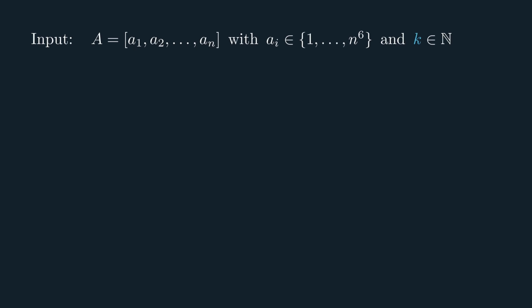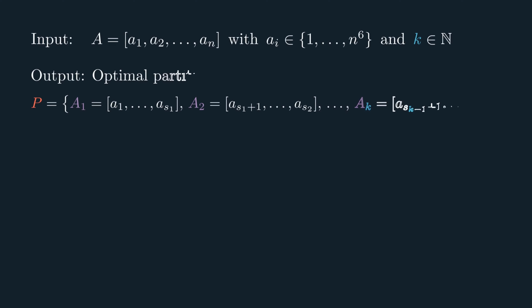These numbers represent the value of the individual gems, and this n to the 6 will play an important role later. Further, we are getting an integer k as an input, and our goal is to partition the array A into k continuous pieces such that the smallest sum among all of these pieces is as large as possible.